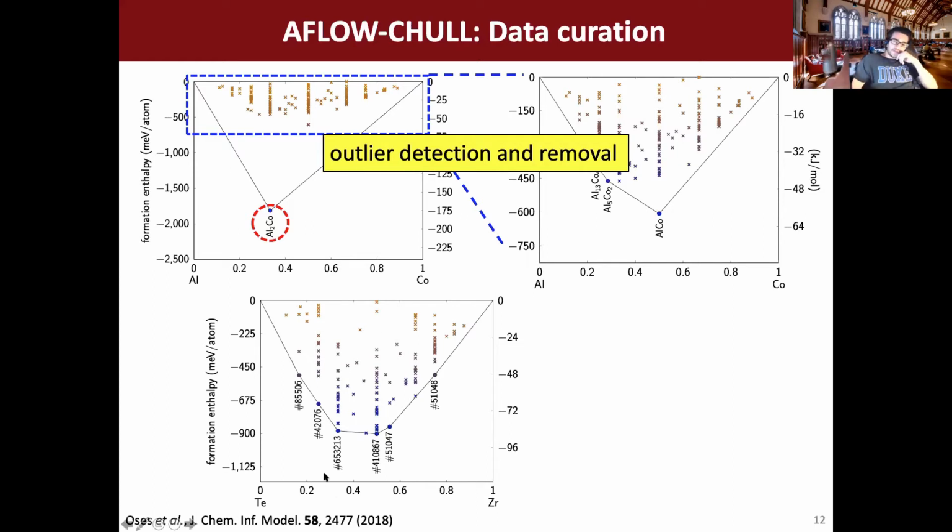Another thing that's of interest is that we have a lot of points in the database that might be considered duplicates. Okay, so we pull data from different repositories. We might have duplicate structures, and just like the session from this morning, we can very easily determine, is a structure a duplicate? It might be that we've pulled from different repositories, so we have duplicate data, but it might also be something that started off as a unique material, but by the process of a DFT relaxation, it converged to another material.